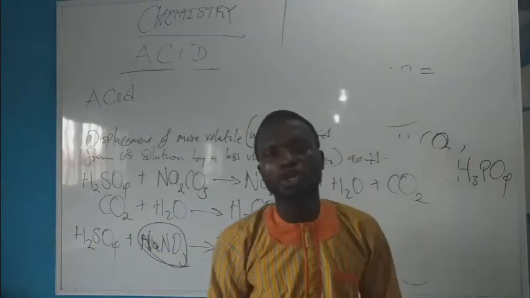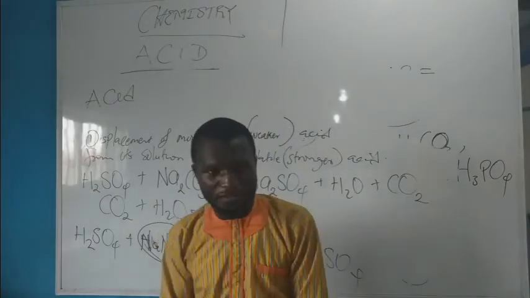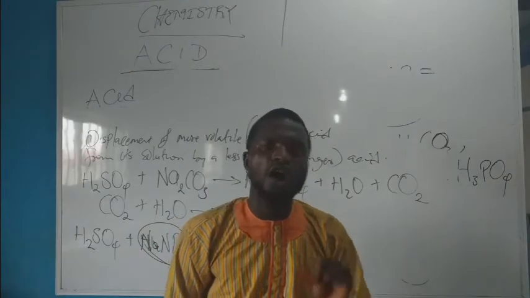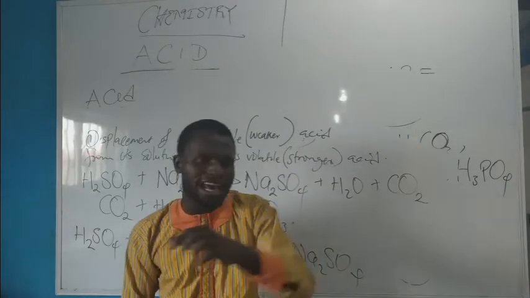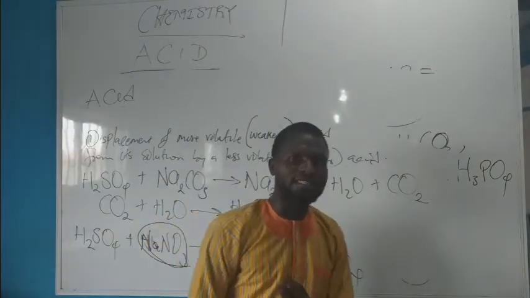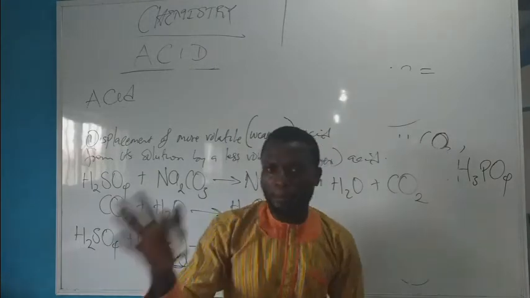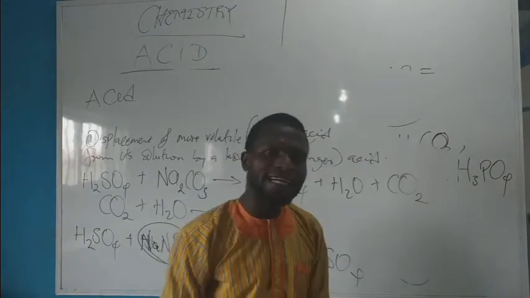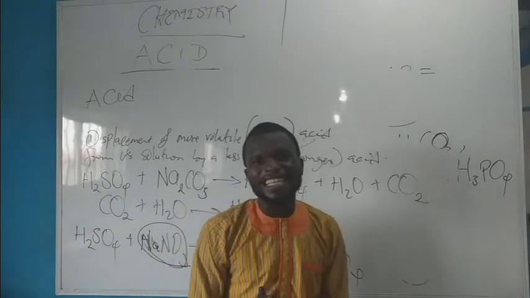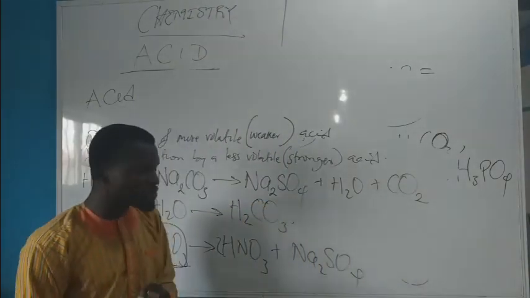1. Aqueous solutions of acid have pH less than 7. 2. The concentrated forms of acid, such as tetraoxosulfate 6 acid, perchloric acid, nitric acid, etc., are potentially corrosive.